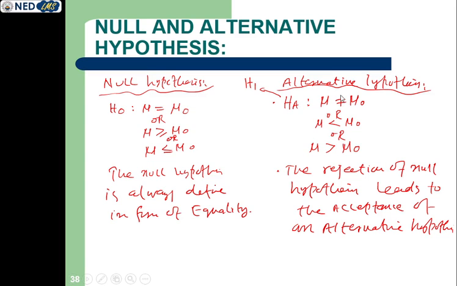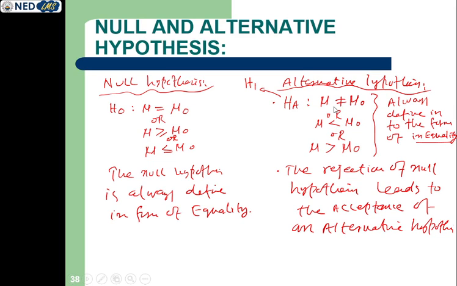So, student, the alternative hypothesis is always defined in the form of inequality: not equal to, only less than, only greater than.